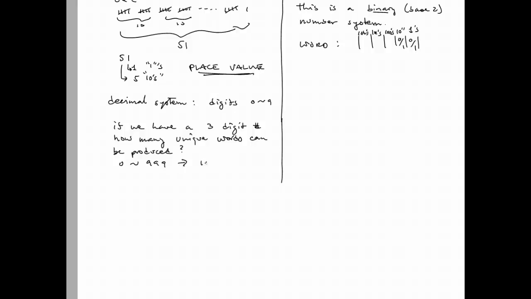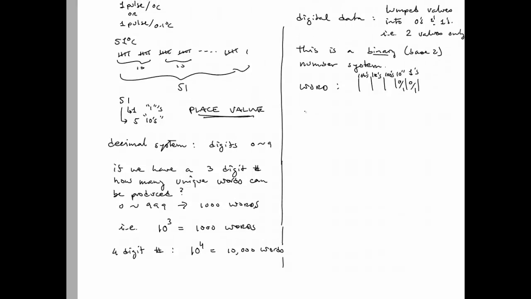In other words, there's 1,000 words that a 3-digit decimal number can represent. In other words, we have 10 to the third, or 1,000 words. If it was a 4-digit number, then we would have 10 to the 4, or 10,000 words. So every time we add a digit, we're going to add an order of magnitude of unique words that we can represent with that number.